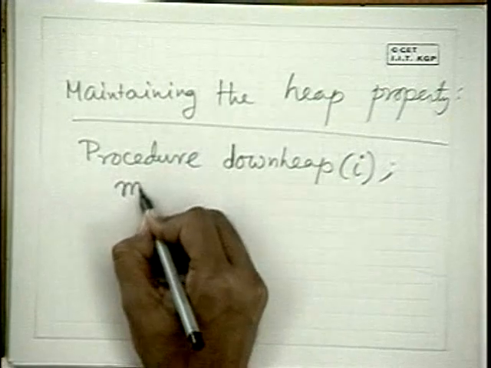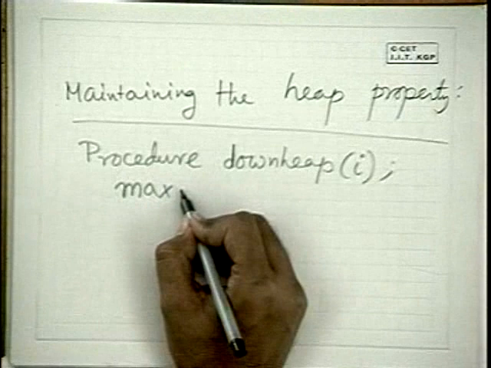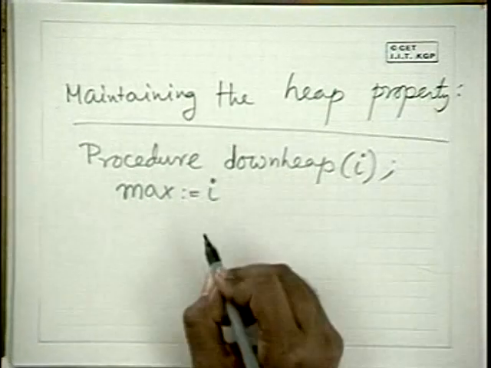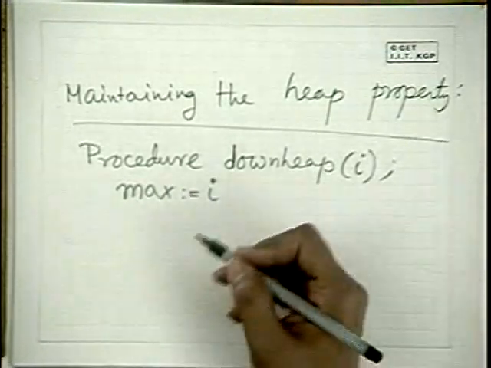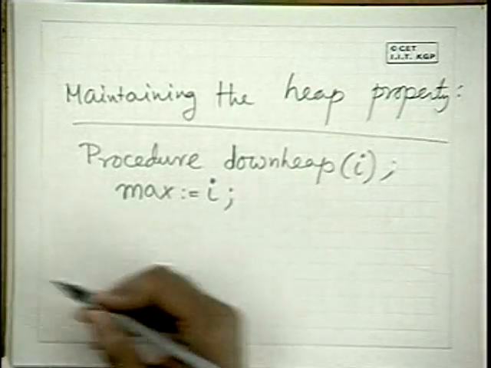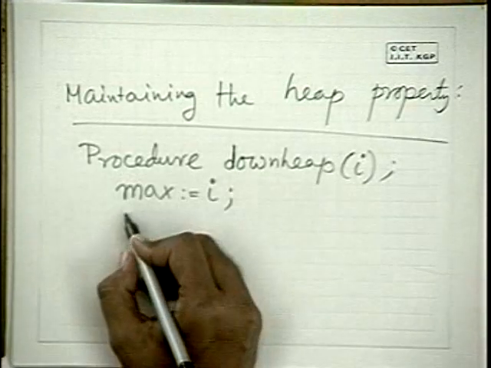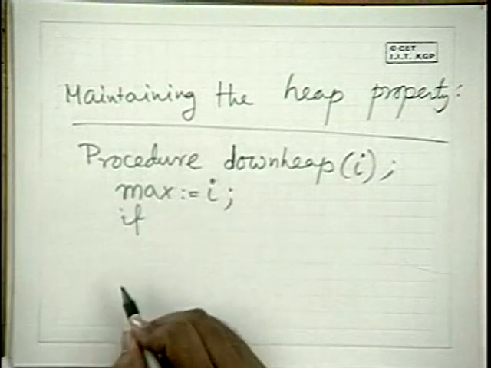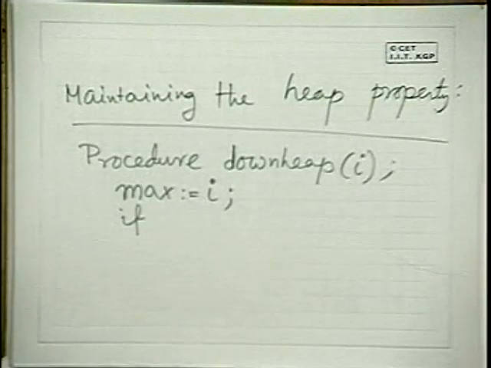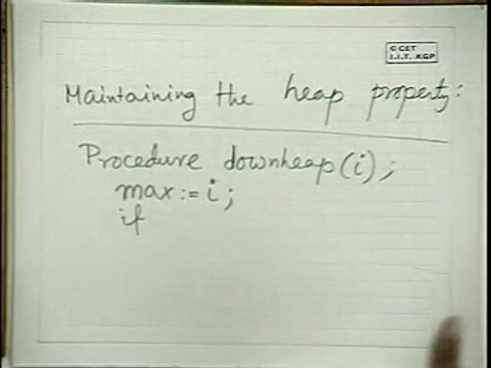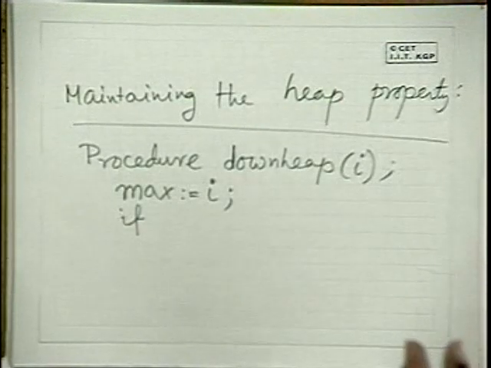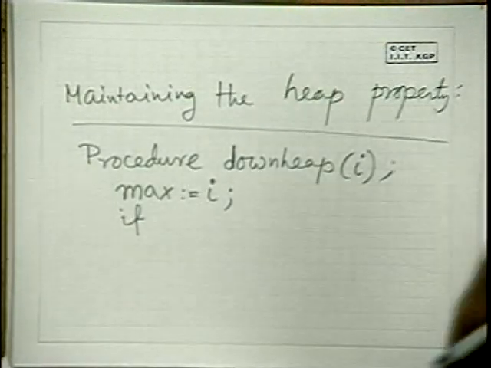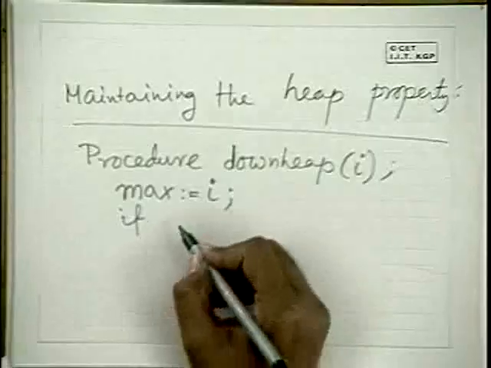Here is max, a variable where we always keep track of where this current one should go. Max is equal to I. You are in the node I. You have to check among the 2 children which one is higher, and if this is lower than the higher one, you should exchange between the 2. That's exactly what this is doing.